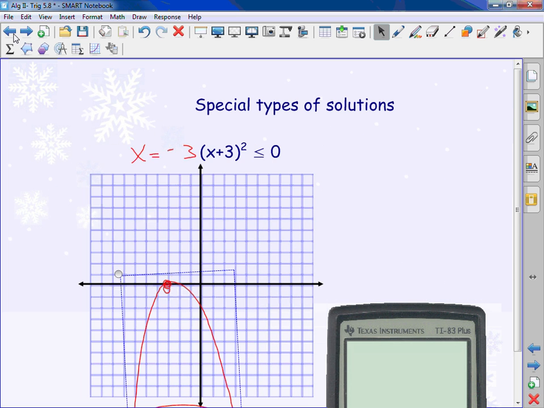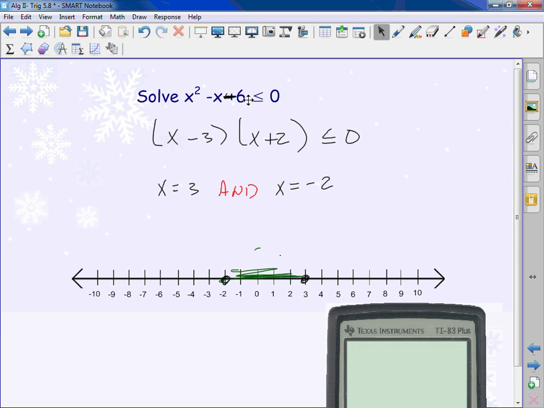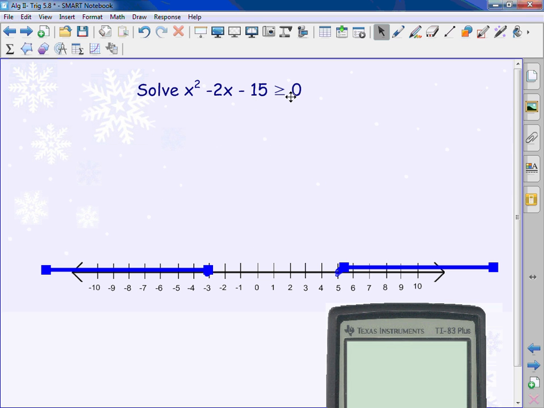So all of these ones we can solve algebraically without having to graph. You should automatically find the zeros, and then by looking at, okay, it's less than, it's an and statement. Find the zeros, it's a greater than, it's an or statement.